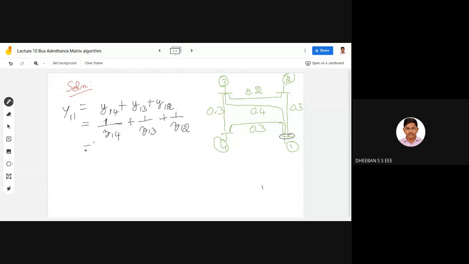So this will be equal to 1 divided by 0.3, plus 1 divided by 0.4, plus 1 divided by 0.5. So we'll be getting the values. You just use the calculator and tell it.